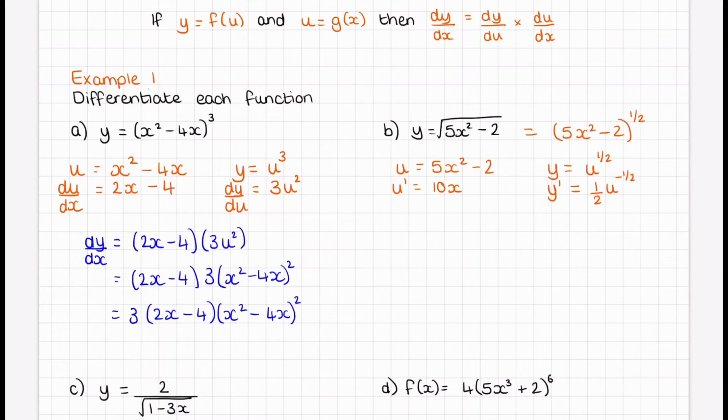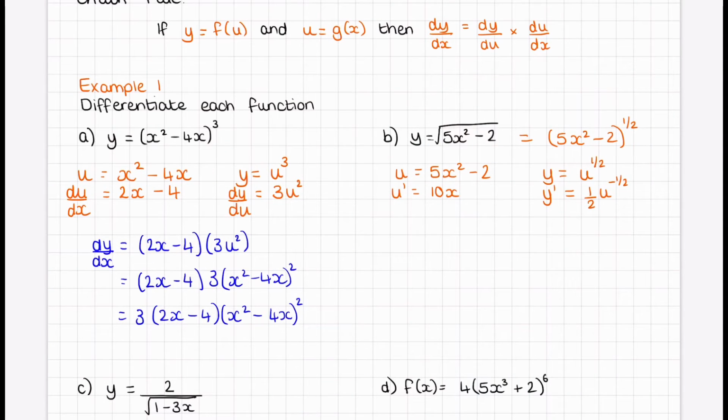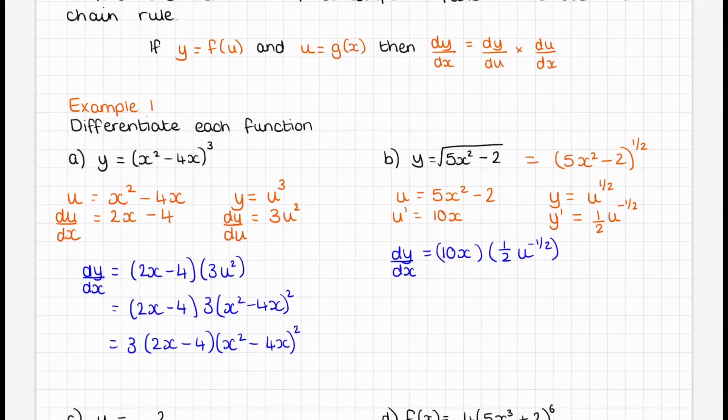Now we apply the chain rule where we multiply the two derivatives together. So dy/dx will equal 10x times a half u to the power of negative a half. Then we put u back in and simplify.